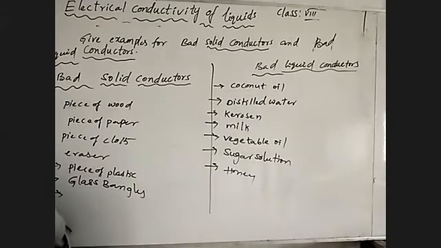You can write different ones to identify bad conductors in a liquid, bad liquid conductors, which do not allow electric current through them, which do not give glowing of the bulb. Understand?